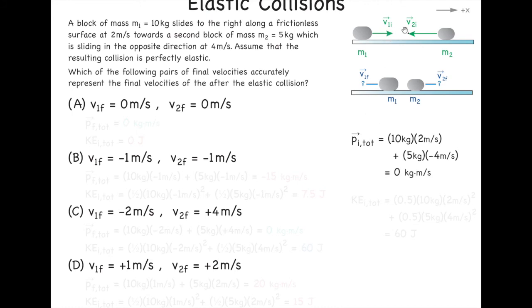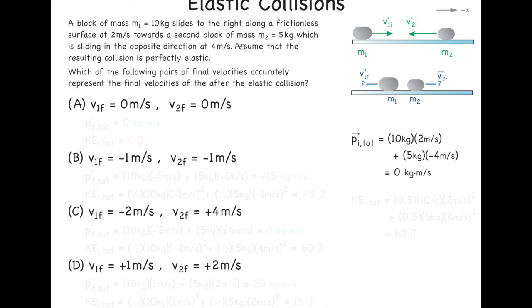So after we've done the math, we've seen that although this one has momentum moving in the positive direction, this one has momentum moving in the negative direction, the total momentum of the system in this initial state is 0. And we can see that from scaling that makes sense because this one is twice the mass of the second block, but the second block has twice the speed of the first block.